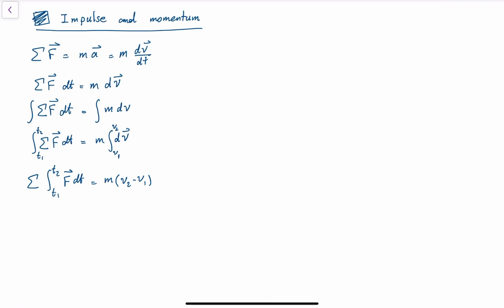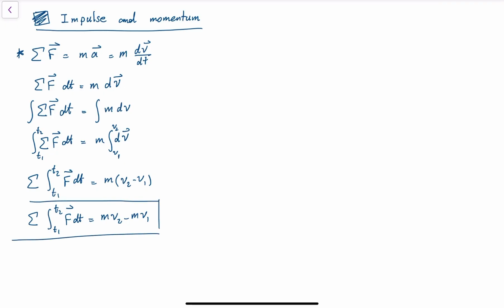And finally, let me add one more line: integral t1 to t2 of sum F dt equals mv2 minus mv1. All right, so I started from Newton's equations, just a bunch of rearranging things and taking integral. I arrived at this.